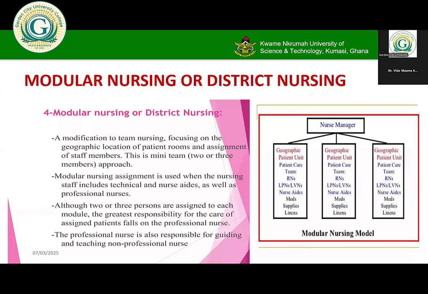As I said, it's a modification of team nursing, but this one is focused on geographic location, wherever the patient is. That is where we do the team. We do the modular nursing.